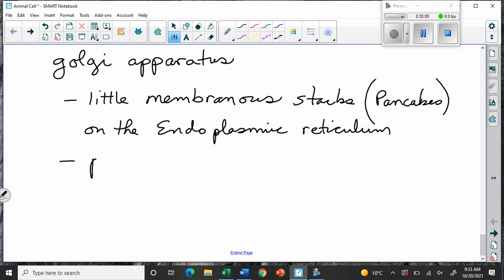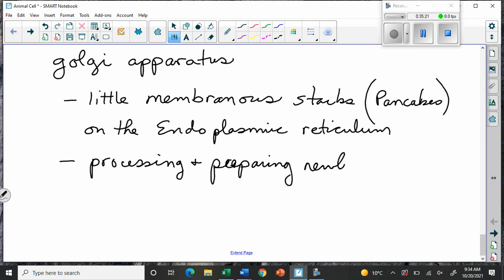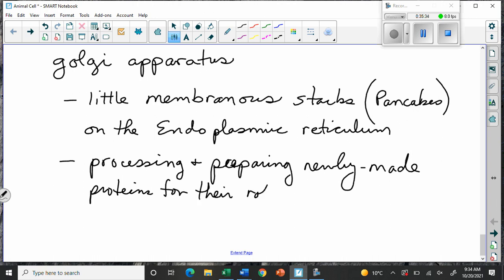Let's put processing and preparing newly made proteins for their jobs or their roles. And that's probably all we need to say about the Golgi apparatus.